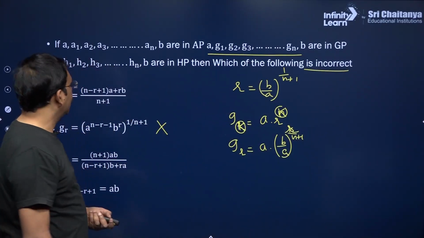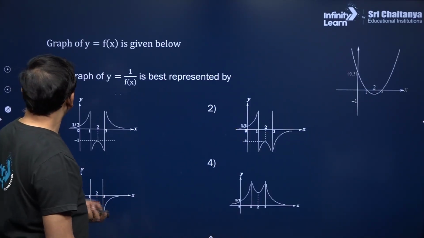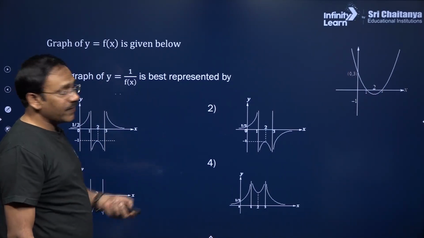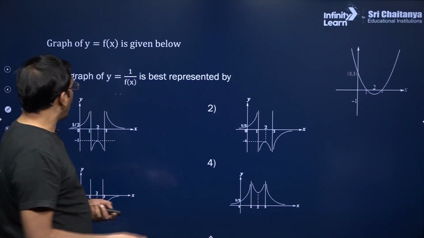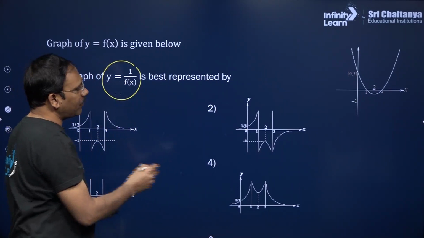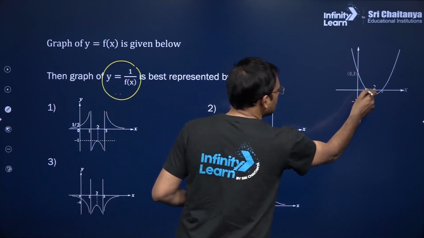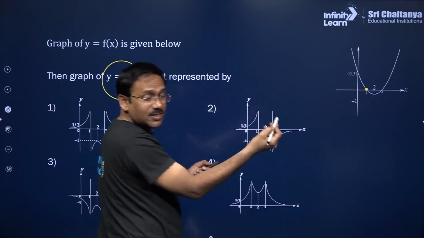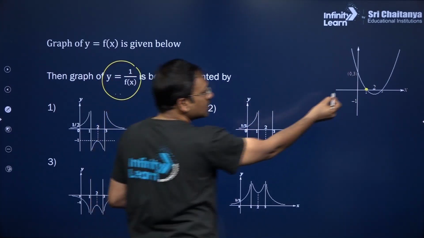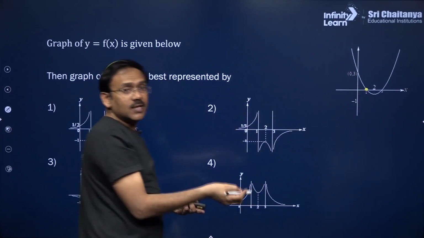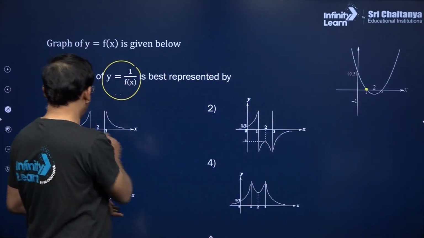Simple. Okay. Next, you see, f of x graph is given. You need to find 1 by f of x graph. This is simple, friends. At 1 this is 0, 1 left side, just left side, the function is almost positive 0, its reciprocal must be at infinity.